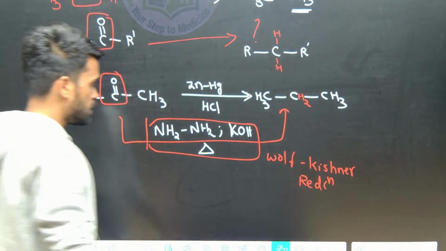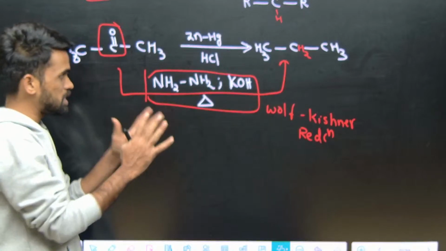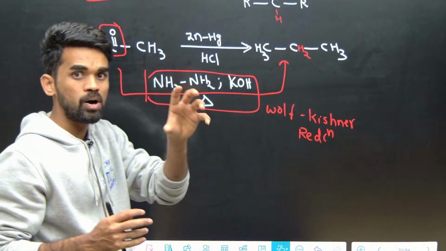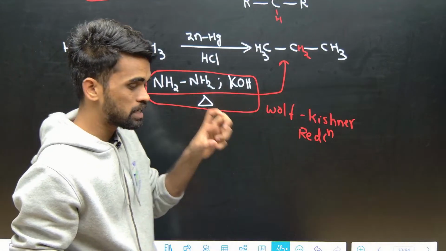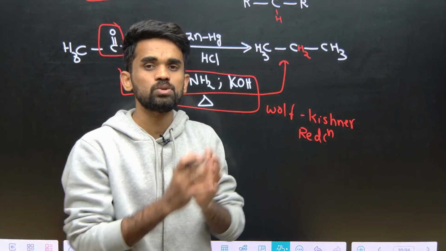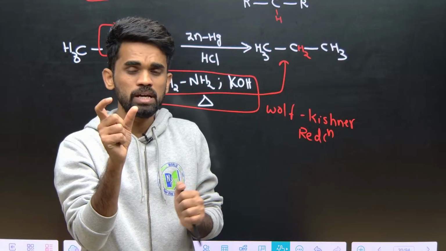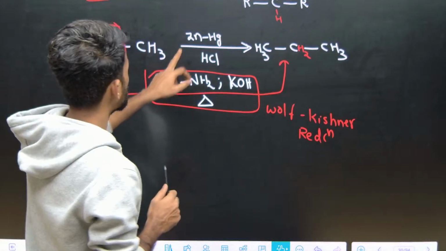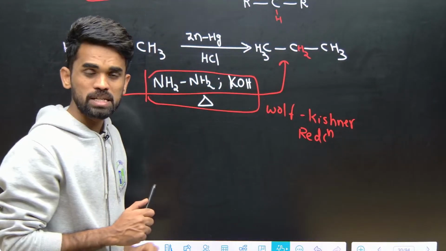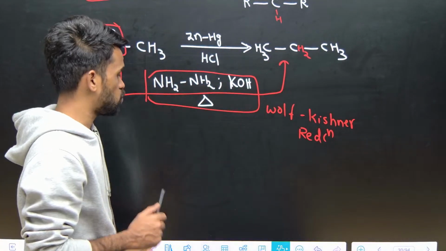Why? Because we need to use these particular reactions depending upon what type of substrate we have. For example, if the substrate has some acid sensitive groups, meaning it might react with acid, then you should not use the Clemmensen reduction. In that case you can use the Wolff-Kishner reduction.